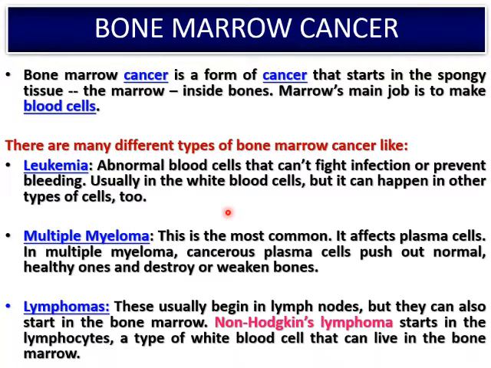It is mostly in the lymph node, but can affect any site that contains lymphocytes, like mucosa associated lymphoid tissue, CNS, and bone marrow. Bone marrow also contains lymphocytes, so lymphoma can arise from the bone marrow. Lymphoma is defined as a malignant neoplasm of lymphocytes, mostly in the lymph node.